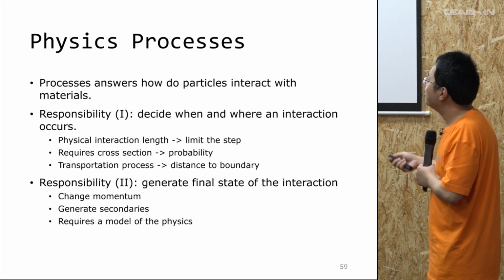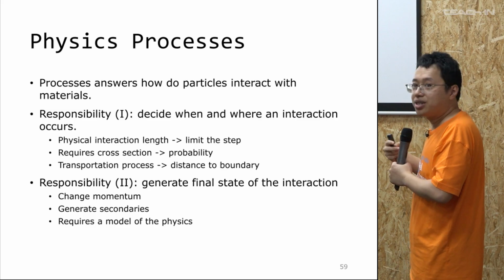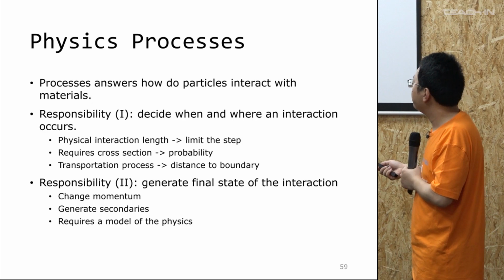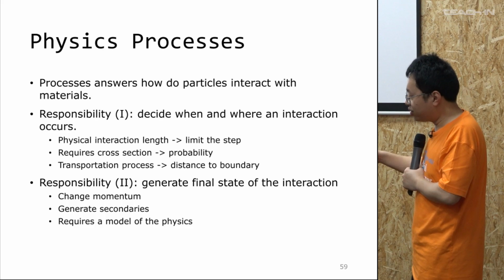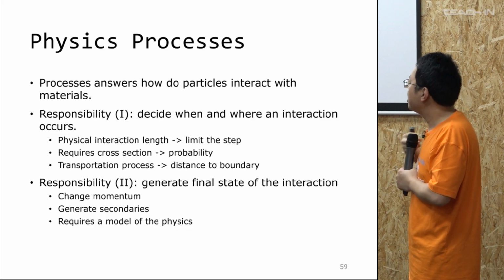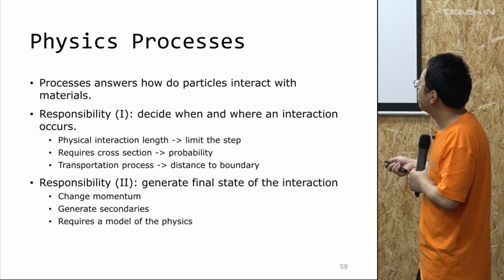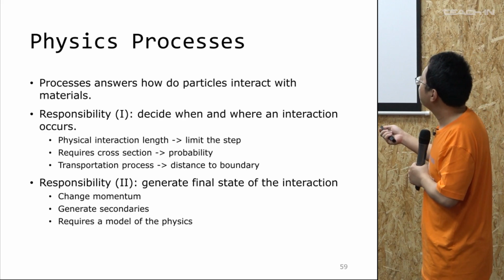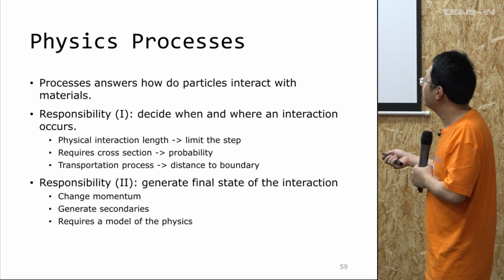And the second responsibility of the physics process is to generate the final state of the interaction. This is also important. For example, when you do decay or you create some secondaries, the momentum of the original track will be changed. This is all done by the so-called final state model.